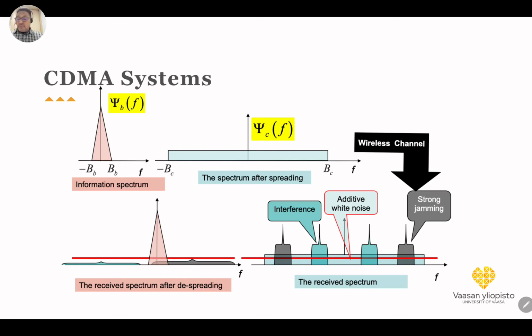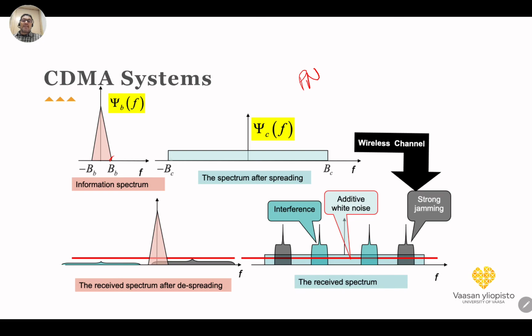So you can see in this figure the information data. We assume that it has this power spectral density limited at BB, and this is the code, the pseudo-random code. It is called pseudo-random or pseudo noise because it is almost like white noise, like the additive noise.